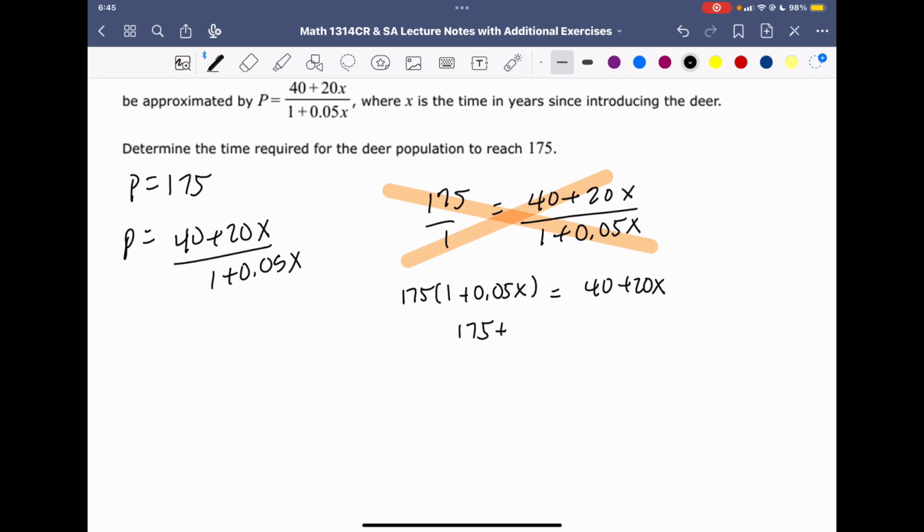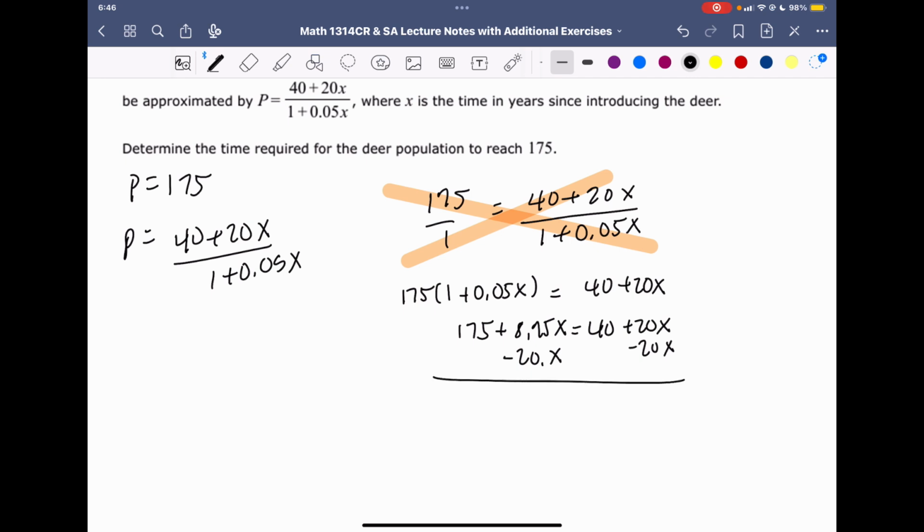175 plus 8.75x equals 40 plus 20x. I'm going to subtract 20x from both sides.